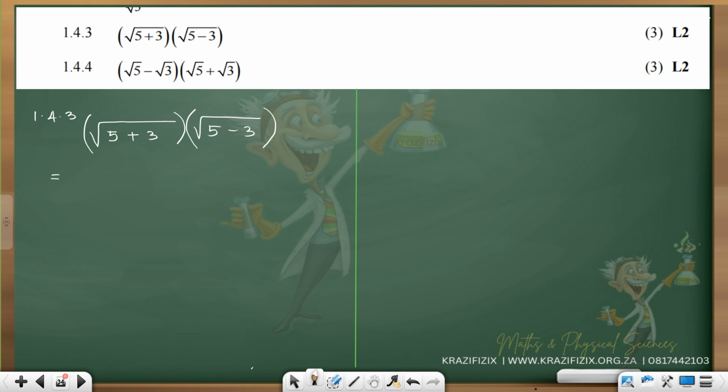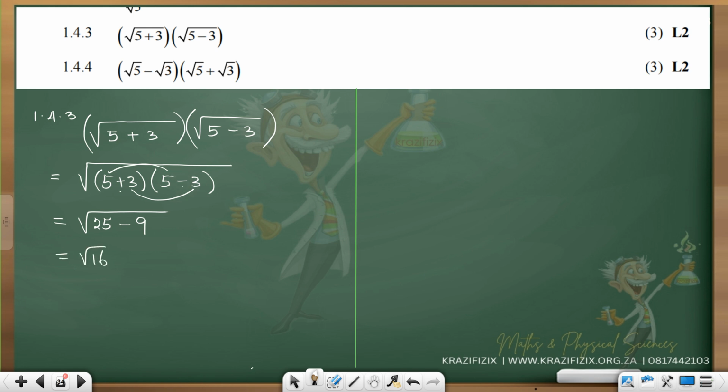If you are multiplying, remember what I said, root A times root A or root A times root B. You pick the root and then everything under comes in. And you would notice that difference of 2 squares. This is 25 because, and that is minus. I can only do that if it is plus and minus. Root of 16. And this is what? 4.